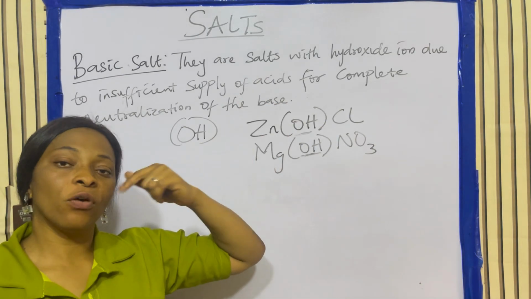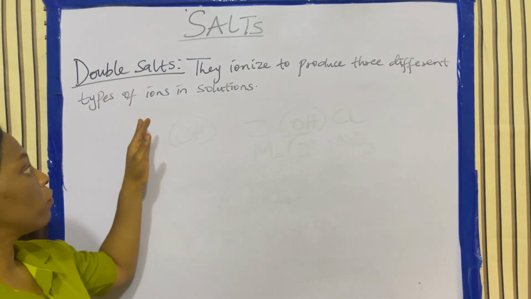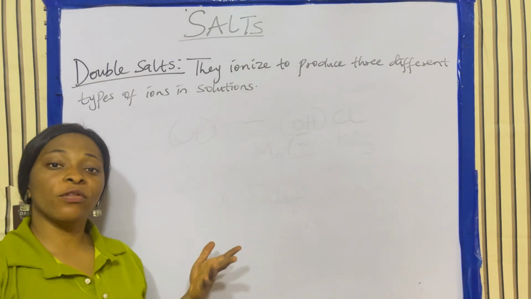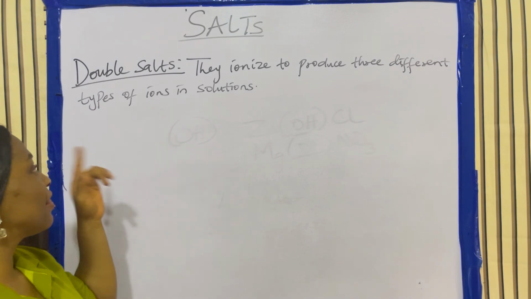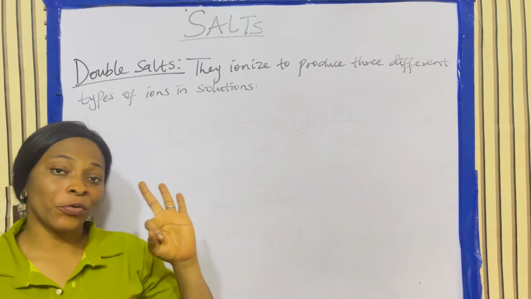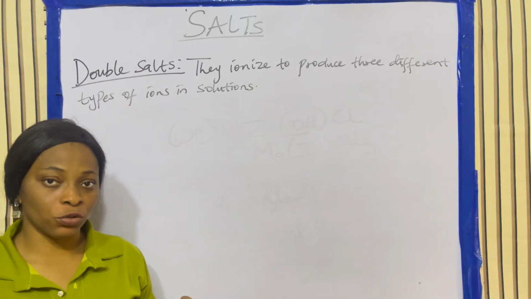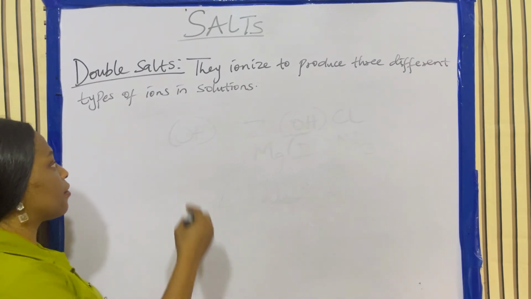Let's go to the next type of salt, the double salts. What are double salts? Double salts are those salts that ionize to produce three different types of ions in solution.